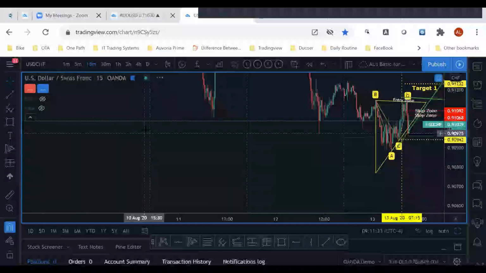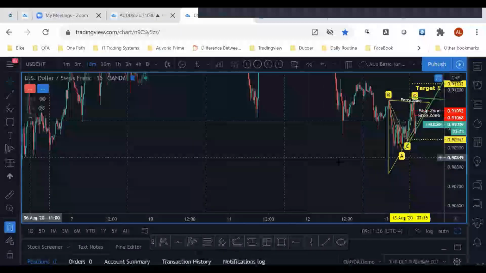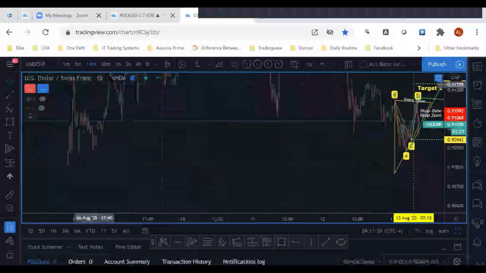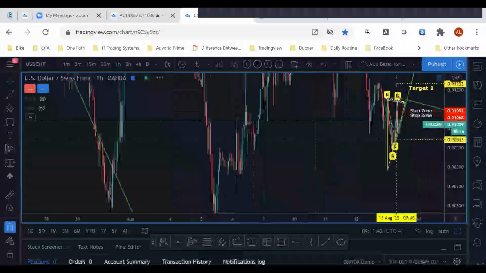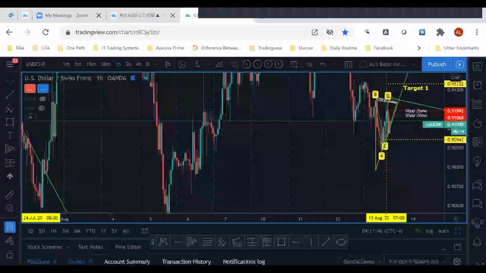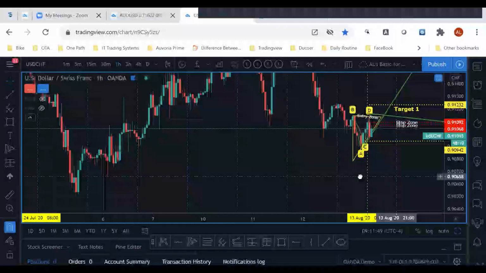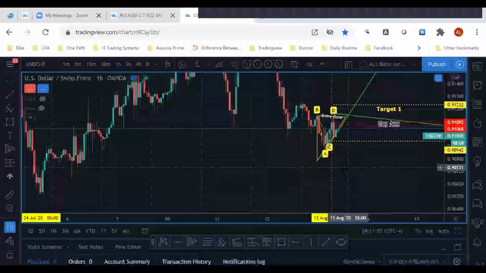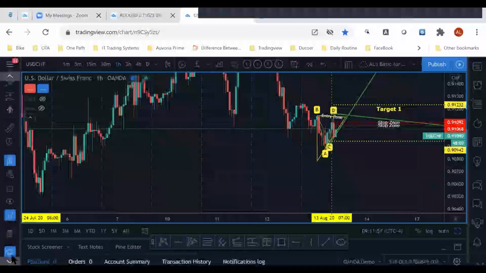Let's see where the... We have some 1, 2, 3, 4, 5 days ago. Let's see what it looks like on an hourly chart. Let me redraw this to start this thing over and just see if there's something we could have done differently based on what we're seeing now.